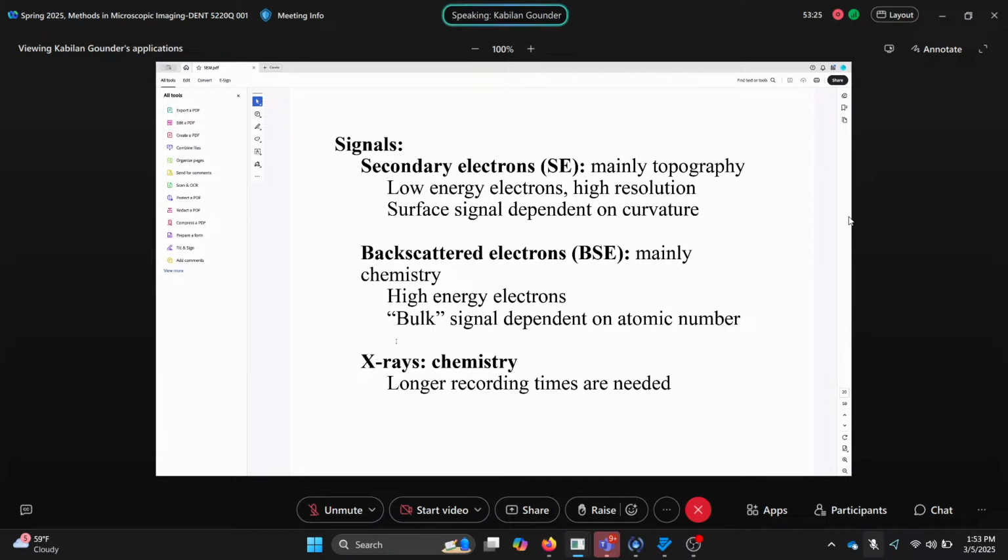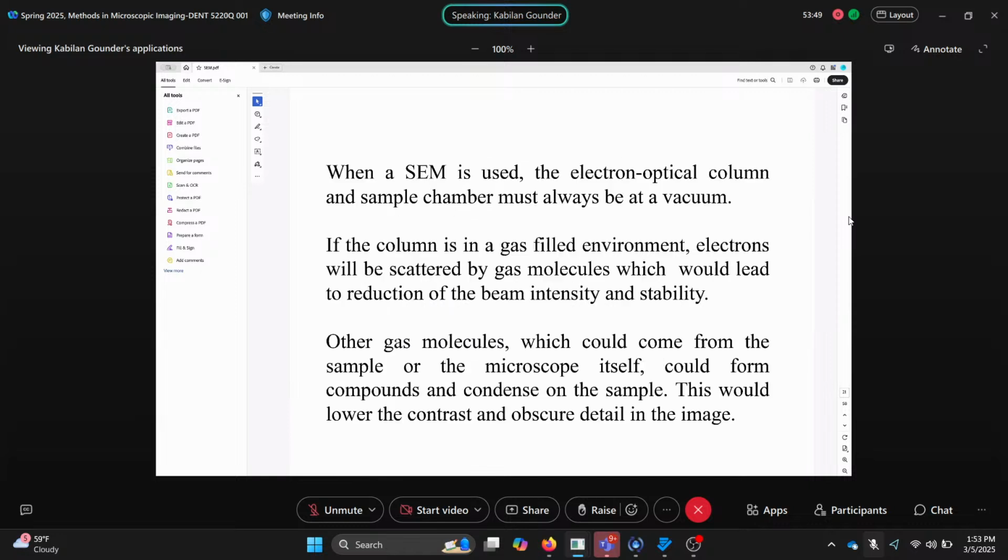In short, secondary electrons are mainly topography, low energy electrons, a high resolution surface signal that depends on curvature. Backscattered electrons are mainly high energy electrons, a bulk signal that depends on atomic number. X-rays need a longer recording time.